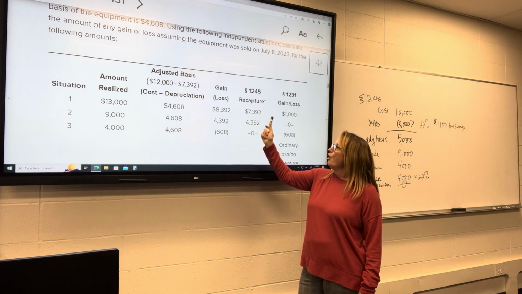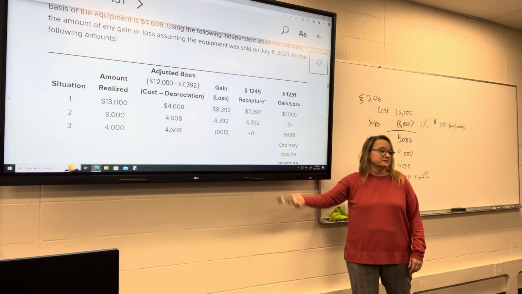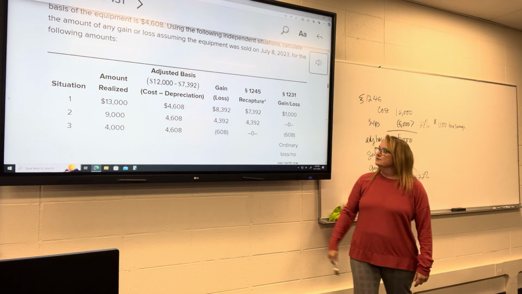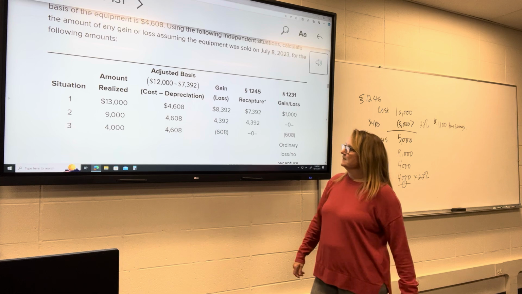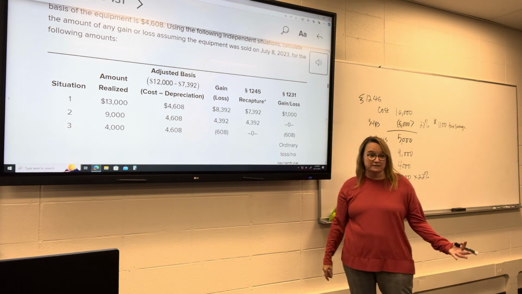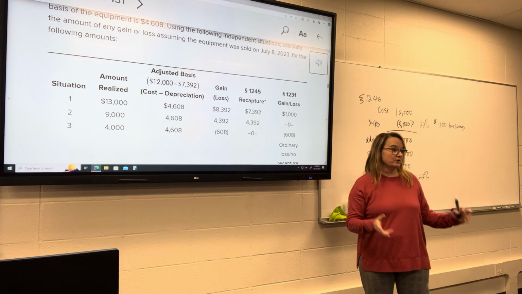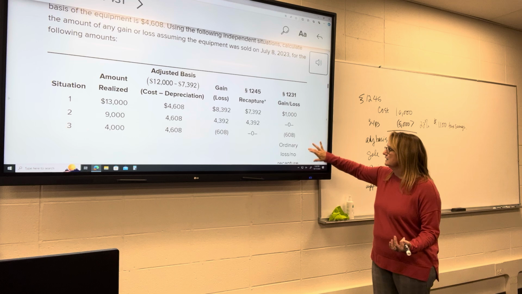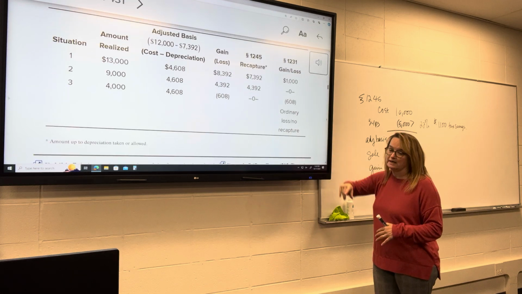All of that is going to be 1245 recapture because it's all due to depreciation. Right? In this case, it's a loss. They got $4,000 for it. Their adjusted basis is $4,608, so they had a loss of $608. All of that is considered an ordinary loss. They get to offset the rest of their ordinary income with that loss.